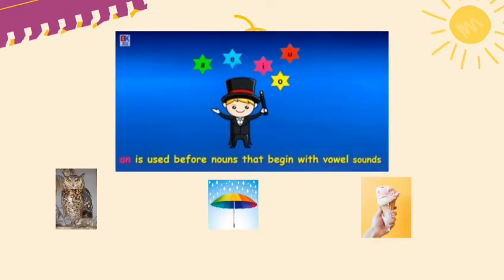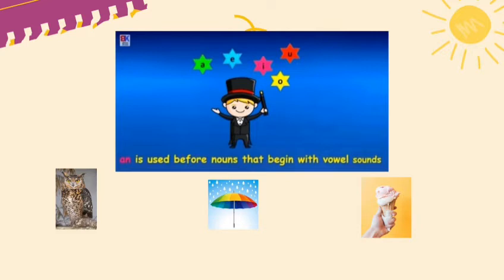What's next? Now we will learn about the use of article an with the vowels. There are 5 vowels you already know. A, E, I, O, U. So the nouns that begin with vowel sounds take an before them.